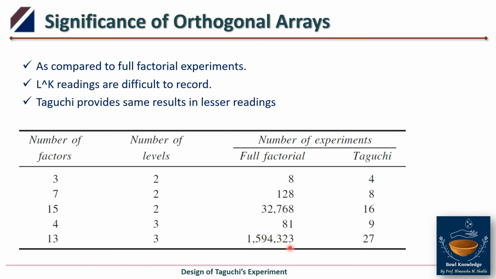So it is 15,94,323. But if we compare it to Taguchi's experiment, that is by using orthogonal arrays, for 13 factors and 3 levels, instead of this many readings, I can take only 27 readings, and the beauty is I will get similar results. So this is the basic significance of using the orthogonal array for conduction and analysis of engineering experiments.